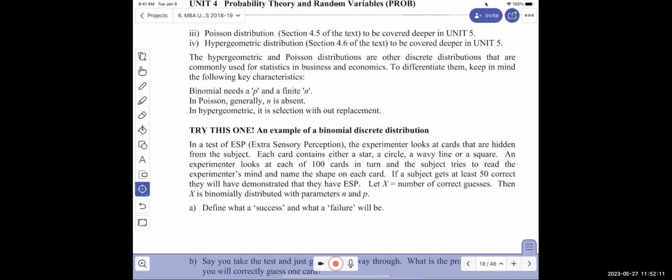So these are popular, but I'm not going to test you on them. I just mentioned that they both have parameters, but they use them differently.